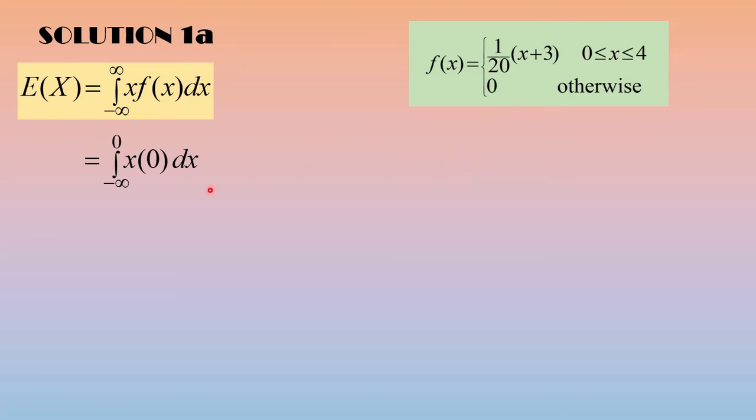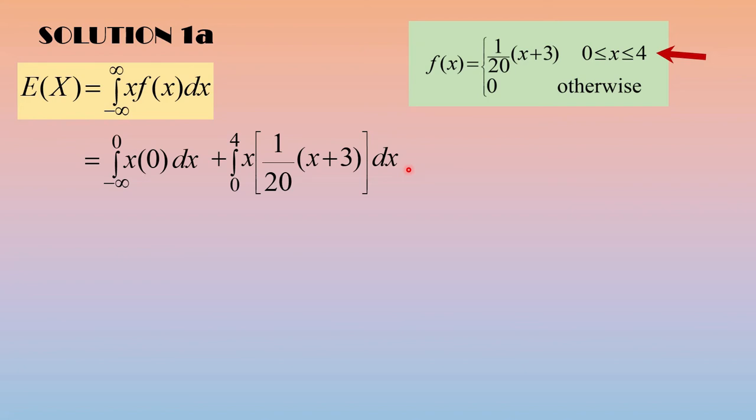So we need to integrate from negative infinity to 0 x times 0, because the function here is 0, dx, plus, for the second interval, you need to integrate from 0 to 4 x times the function 1 over 20 times (x plus 3) dx.